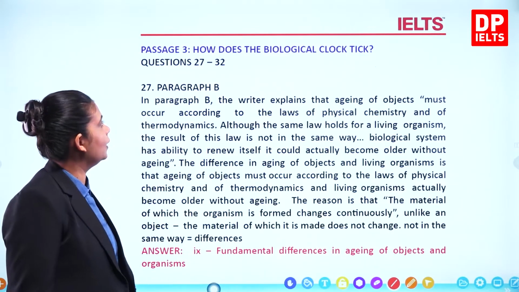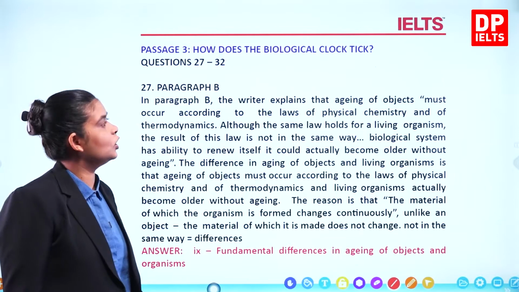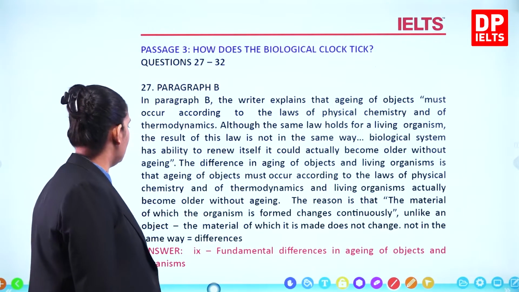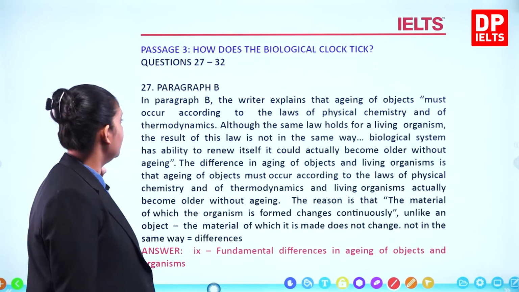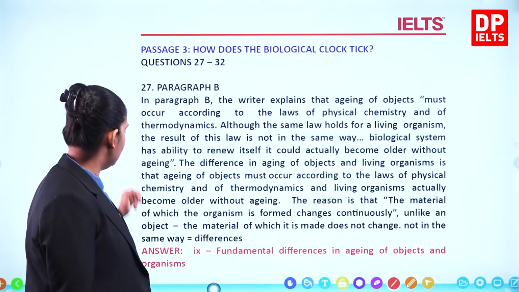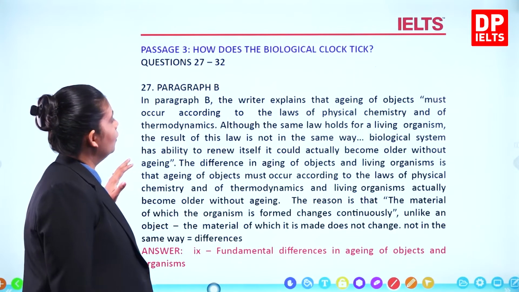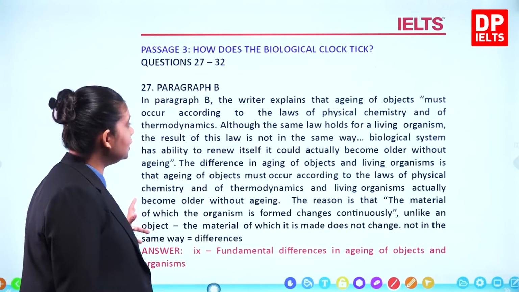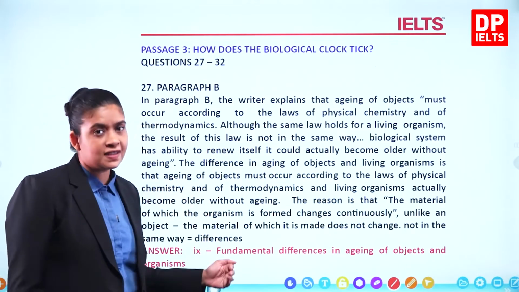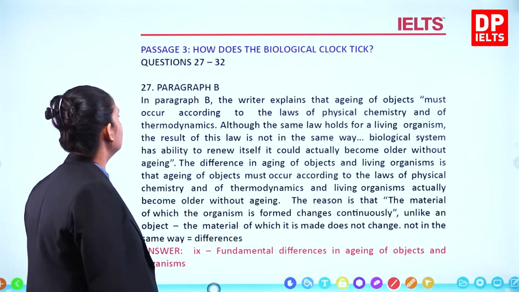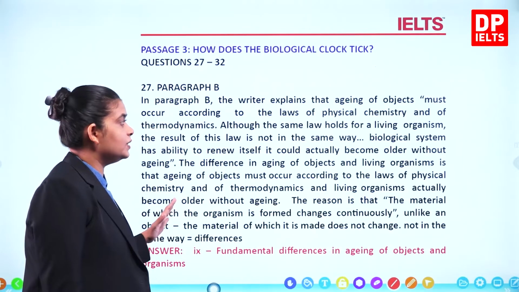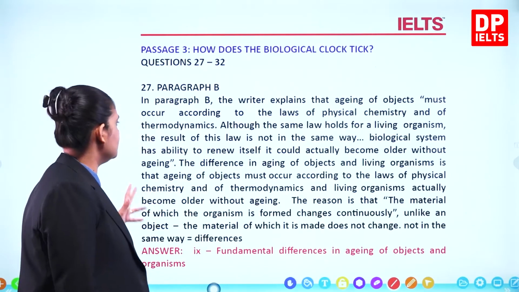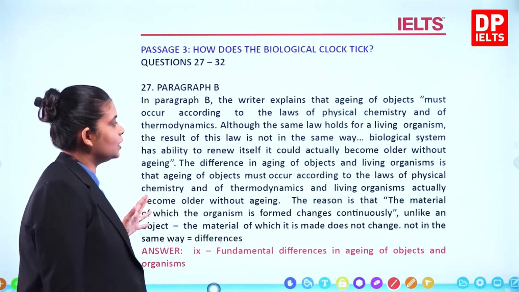Passage 3, we have a look at how the biological clock ticks. Question number 27, the answer is in paragraph B. Let's have a look at it. The writer explains that aging of objects must occur according to the laws of physical chemistry and of thermodynamics. Although the same law holds for a living organism, the result of this law is not the same.